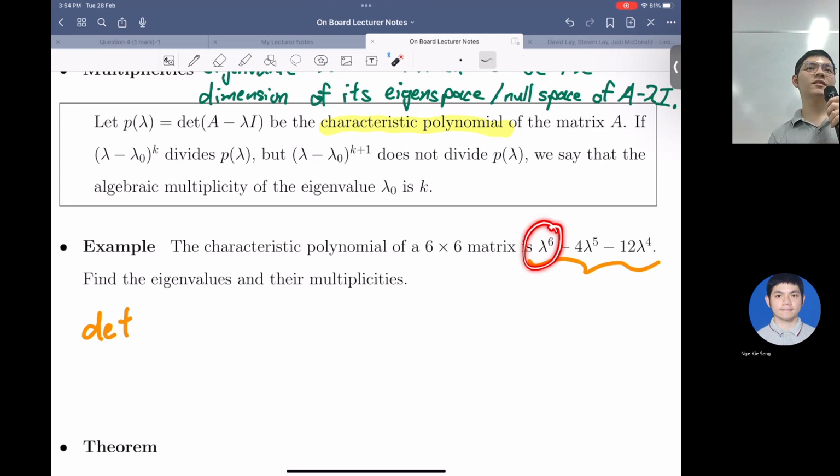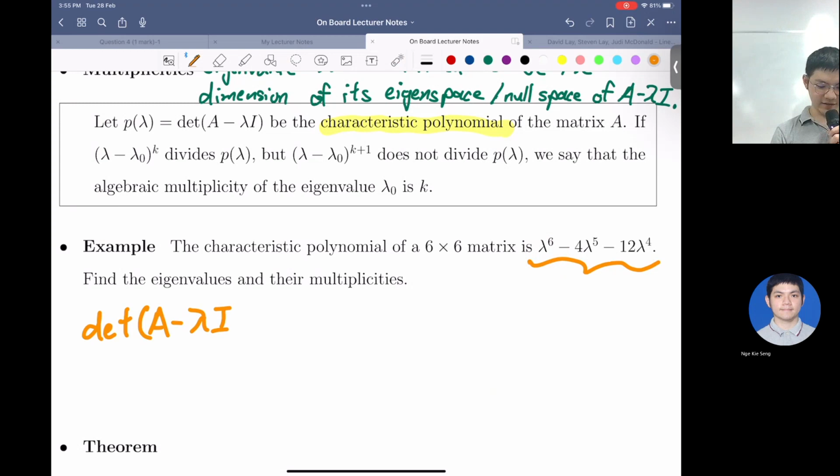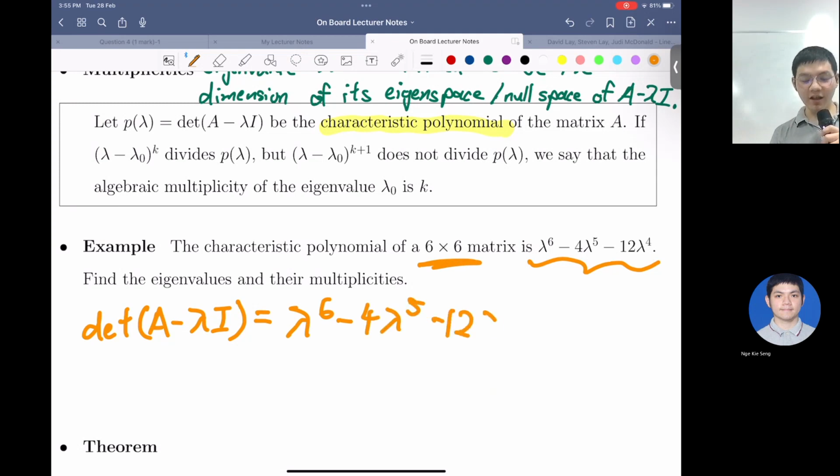Why is the power lambda to the 6? What's the size of the matrix? 6. So when you multiply 6 factors together, you get lambda to the power 6. That's why lambda to the 6 appears here.